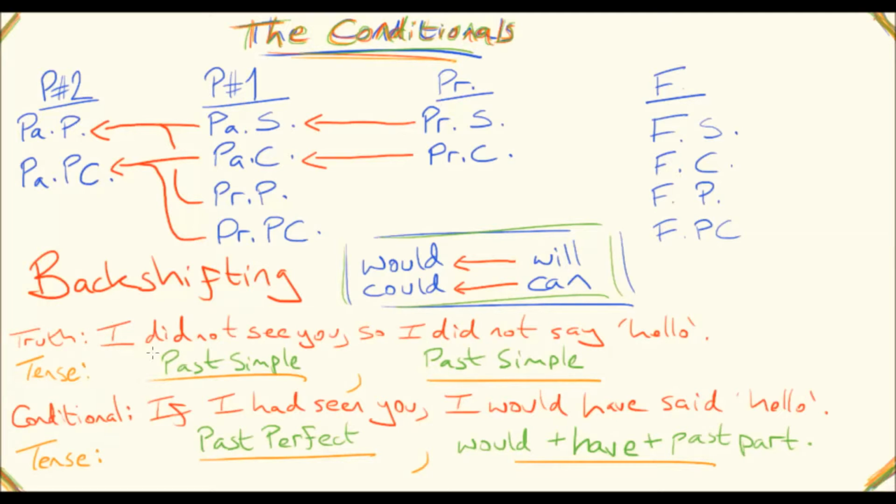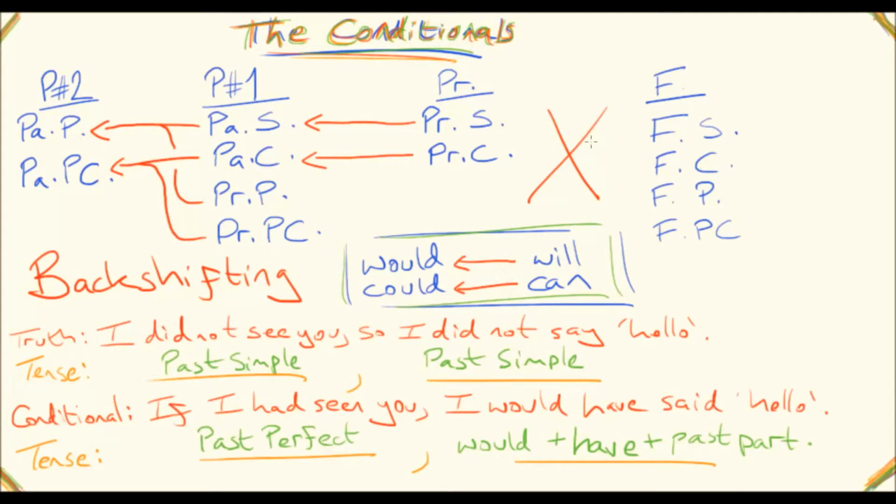There's something you might have noticed about this diagram, and that's the fact that nothing seems to be happening here. In fact, for reasons I'm going to come to a bit later, because we've got other things to discuss before that, believe me, there is no backshifting from future tenses to the present tense, or from the future time to the present time, let's say.